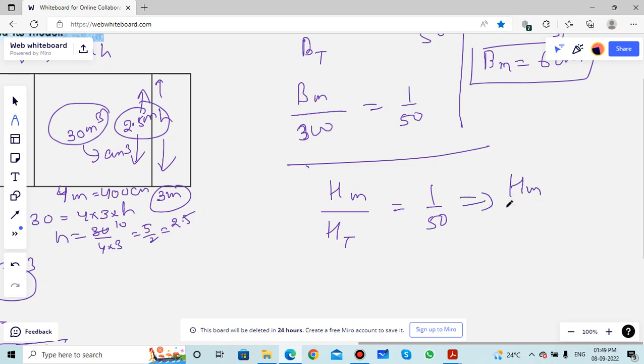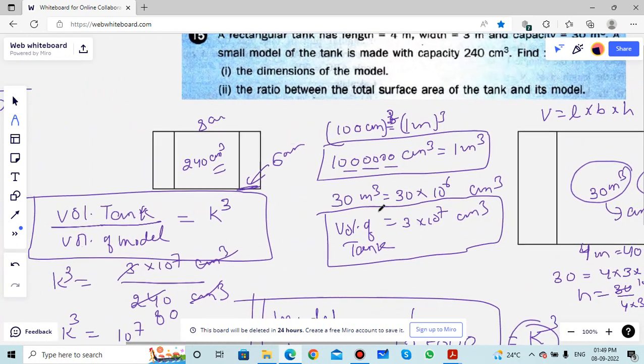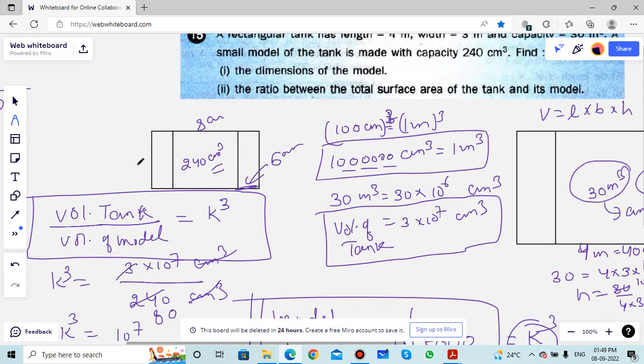So height of the model upon 2.5 meter, this becomes 250 centimeter, is equal to 1 upon 50. So height of the model is 250 upon 50, and that is equal to 5 centimeter. So height of the model is how much? 5 centimeter. This height here is 5 centimeter and that's the answer here.